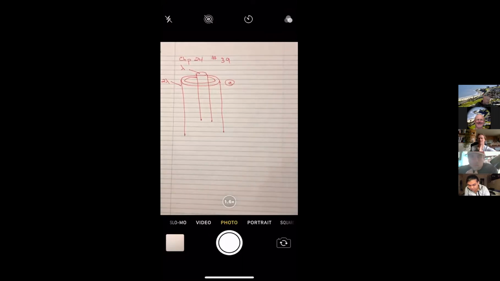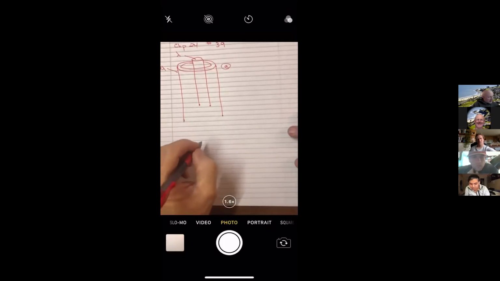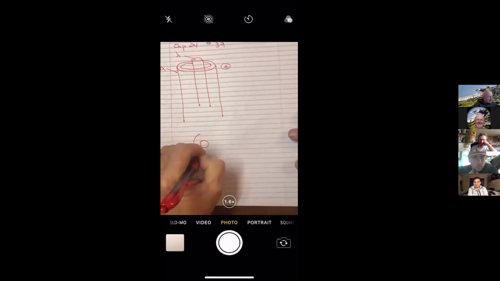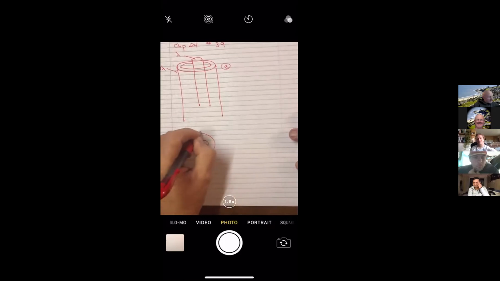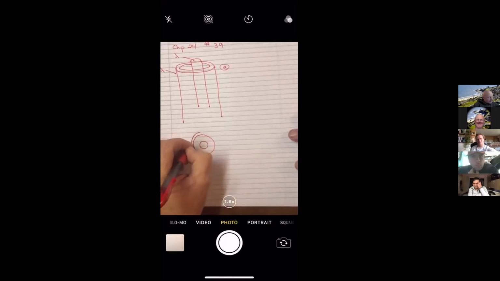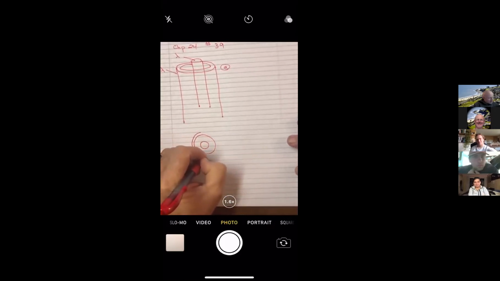Now let me also draw below it kind of a cross-sectional view. So here's the wire, then there's some empty space, and then here is the hollow cylinder on the outside.